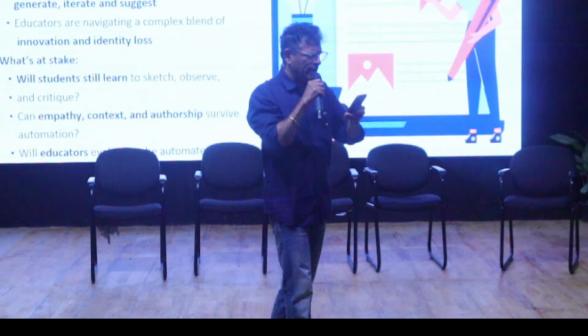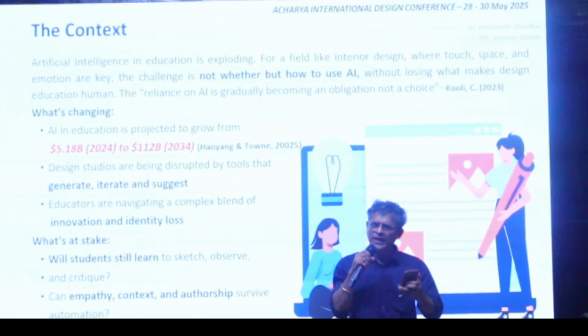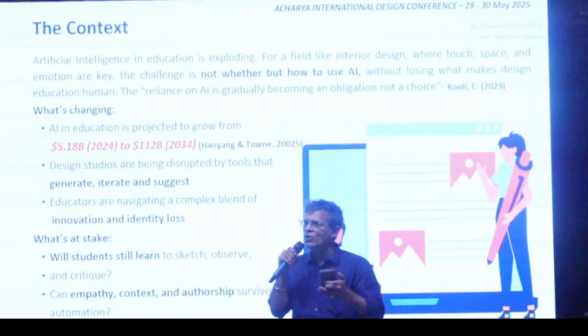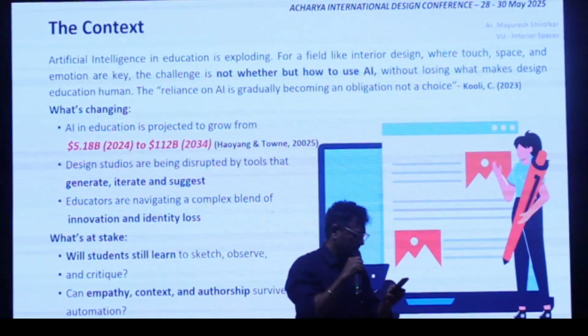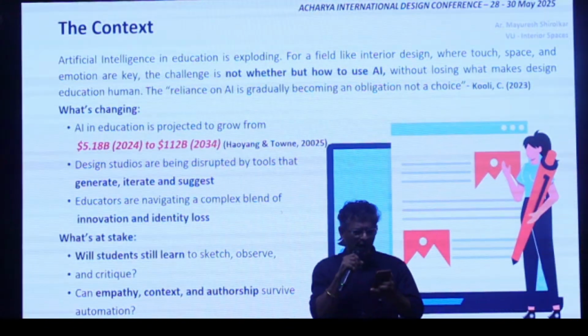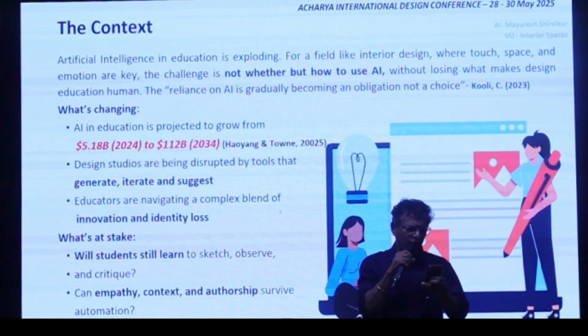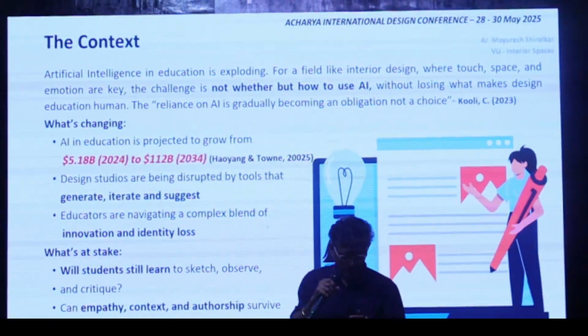And ultimately, will we, as educators, evolve alongside this technology or necessarily be automated out of it? These pressing concerns must be addressed as we navigate this complex blend of innovation and identity loss.